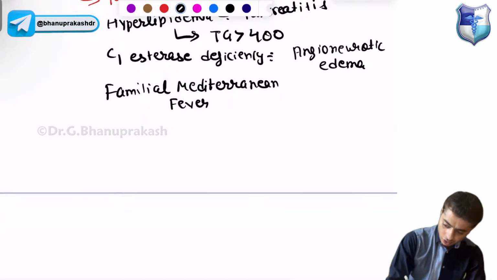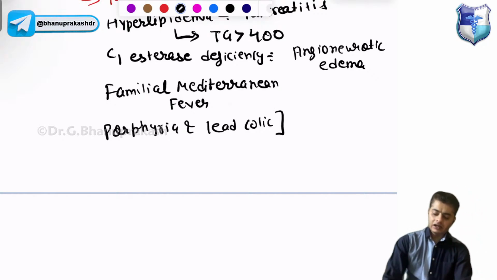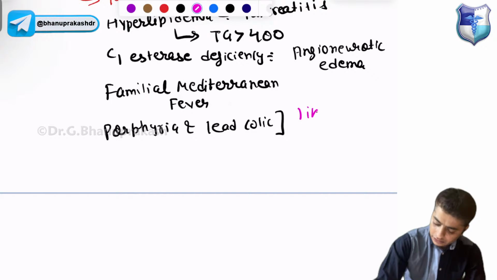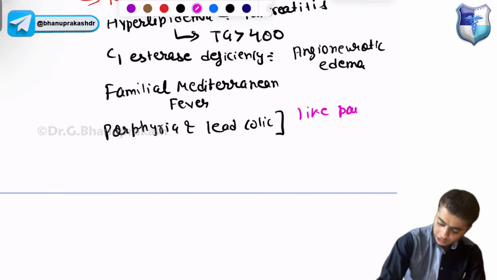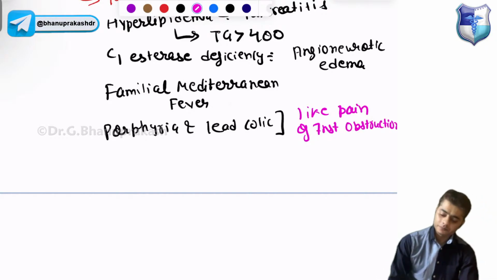Other is your porphyria and lead colic. They generally present like the pain of intestinal obstruction. Okay.